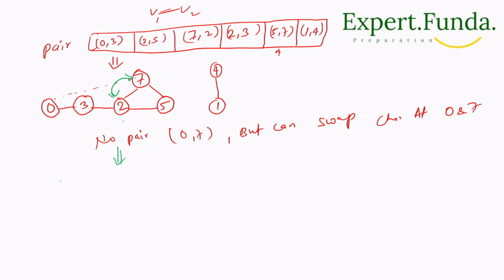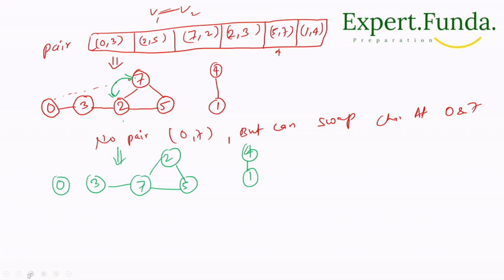We'll take 0, 3. Now 2 will become 7, this will become 2, this will become 5, and this will become 4, and 1 will remain the same, correct? Because here we have swapped 2 and 7.